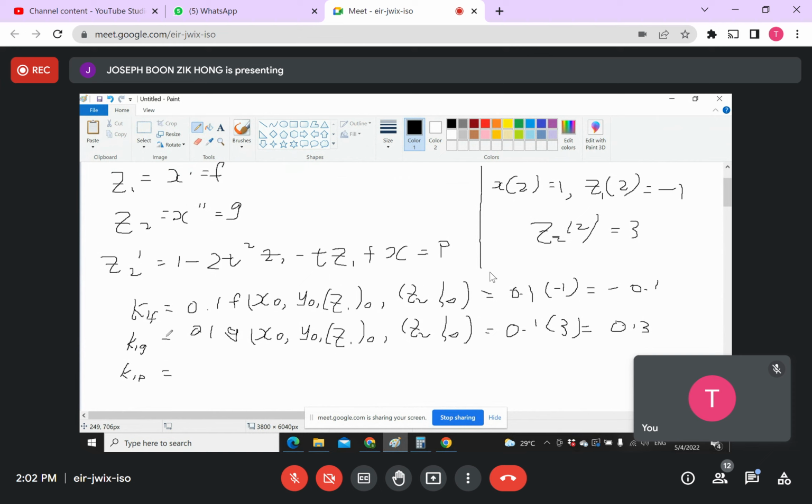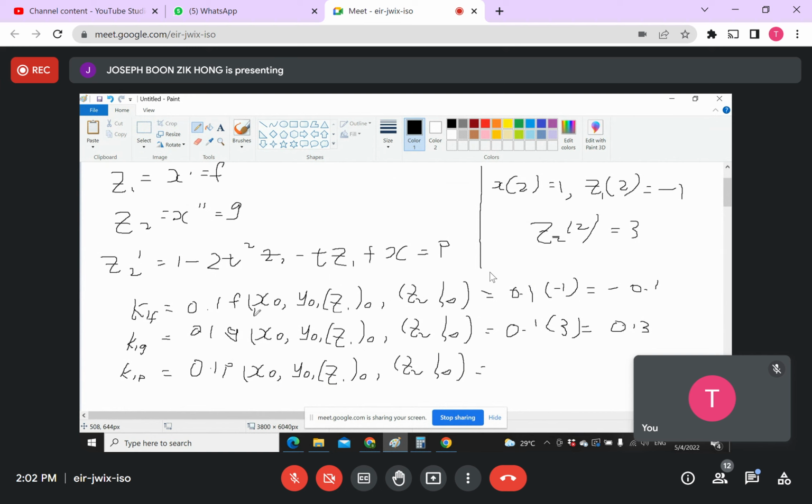And then the next one is K1P. What will be my K1P? K1P will be 0.1 times the P function again. Oh, sorry, I forgot something.